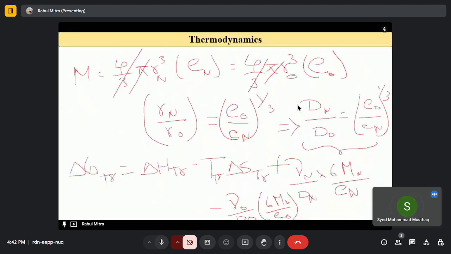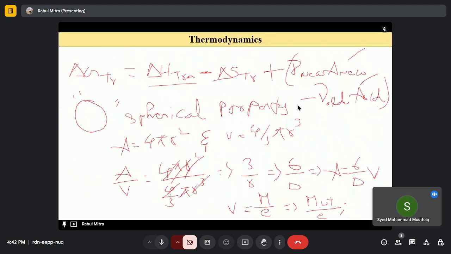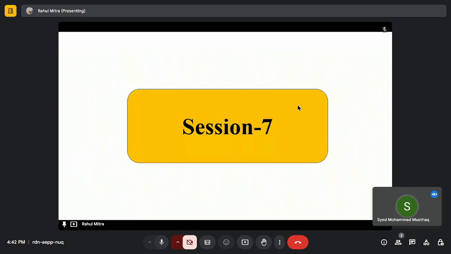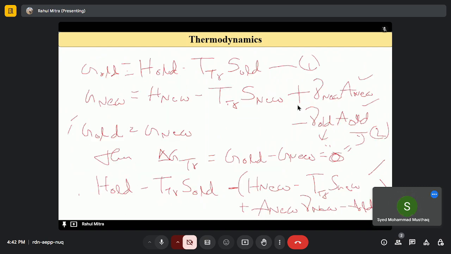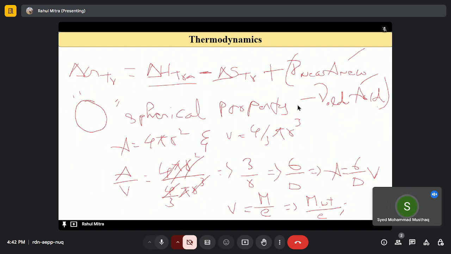I will just go back to it again. It's rather a simple thermodynamical derivation. We first assume that if we have two phases, we get G over T equals to G mu, and from then we had the Gibbs energy equation. Then we added the extra surface energy part because we are not dealing with bulk anymore. From there we derive the area relation to the diameter and the density.